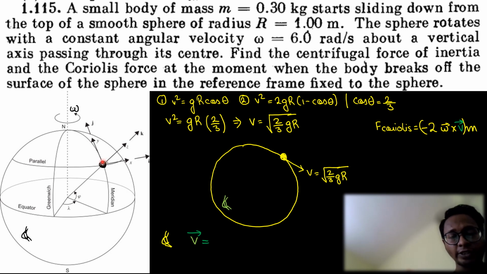If the velocity out here was zero by some ground reference, an observer inside the sphere would be rotating, and he would see this particle moving in the backward direction with omega r.